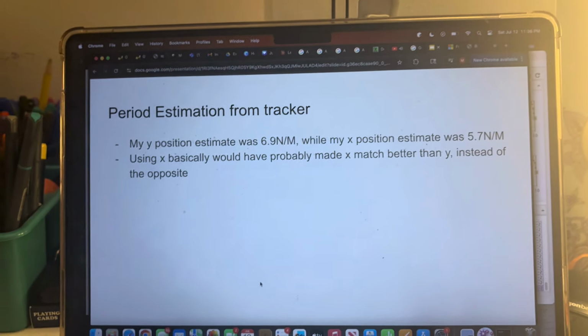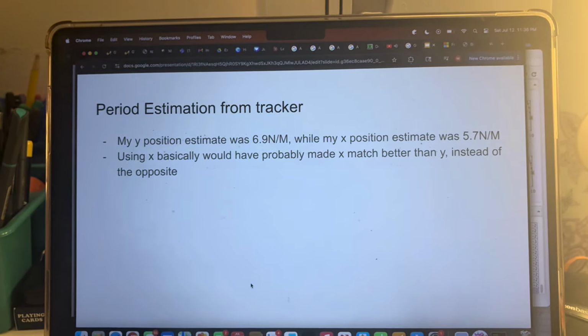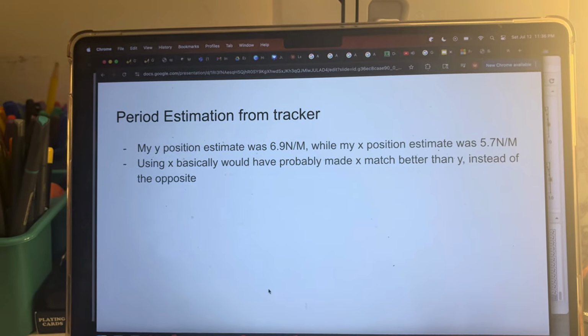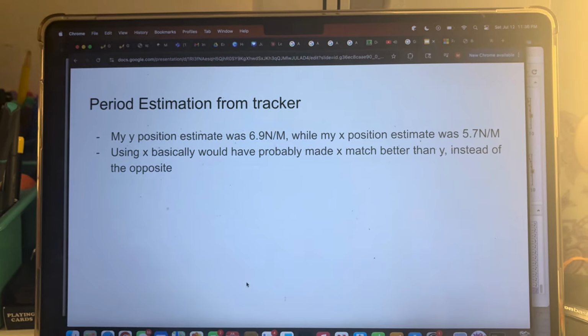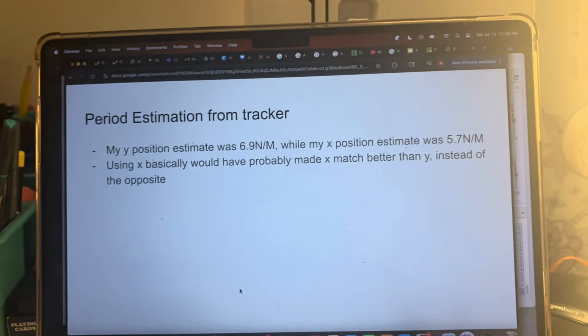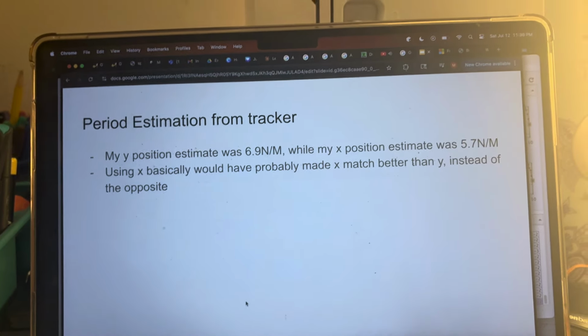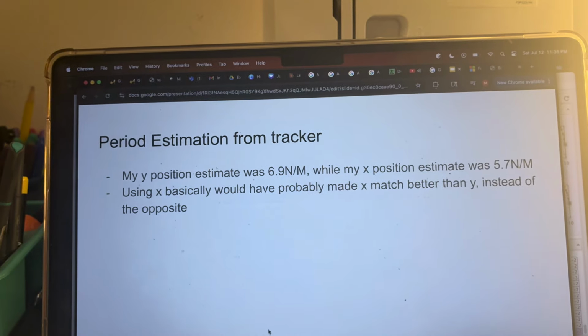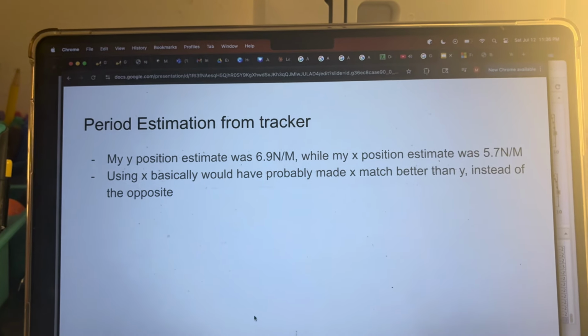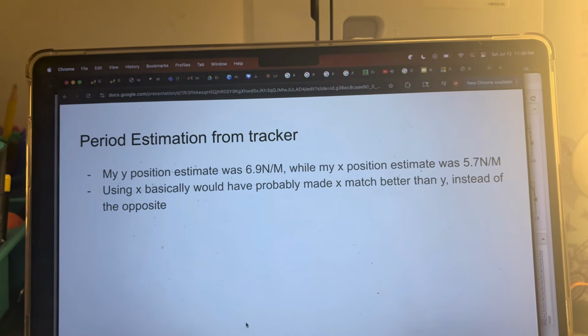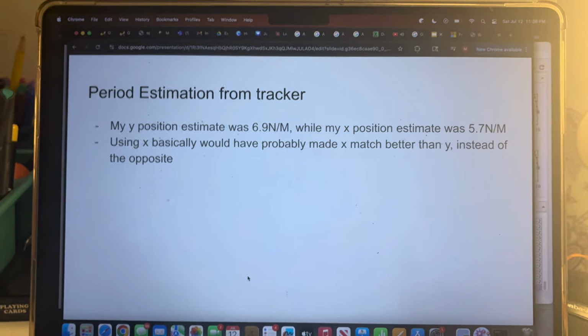Obviously, this is assuming that my things are correct, where they may still both look a little strange, but overall it would probably just make X look slightly better because the period would match better for what X had.